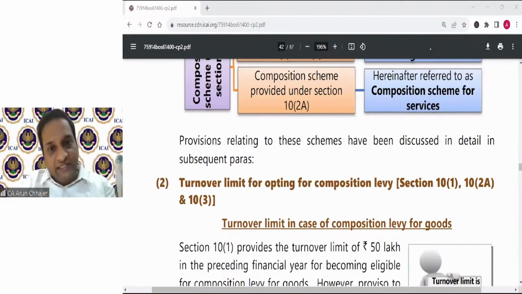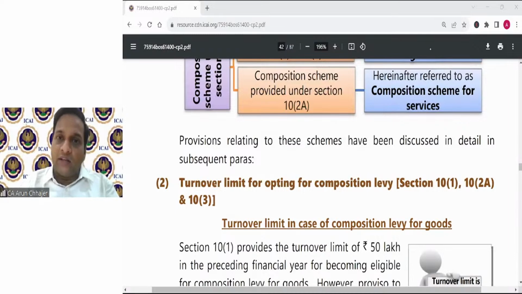Second disadvantage, if he purchases from a registered person, then whatever GST is charged, he would not be able to take input tax credit. So these are the two major disadvantages of composition.